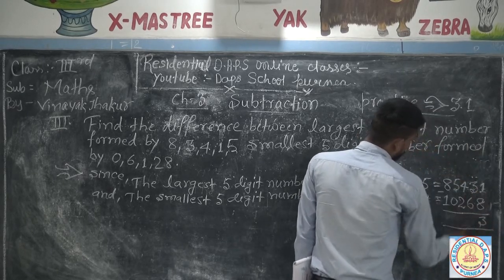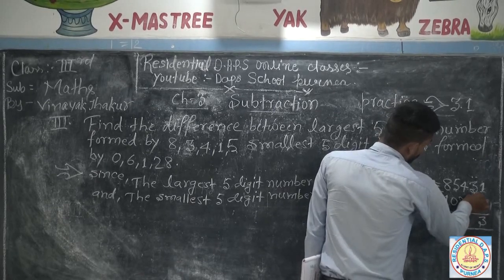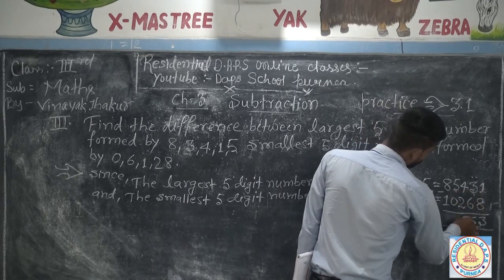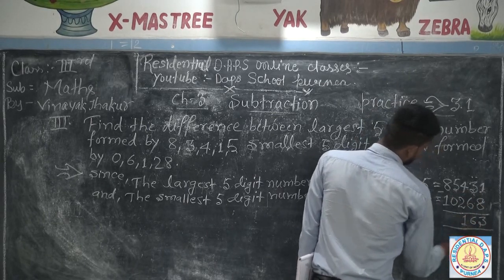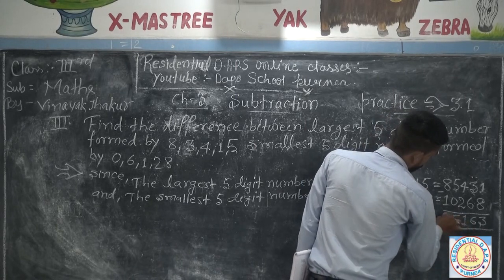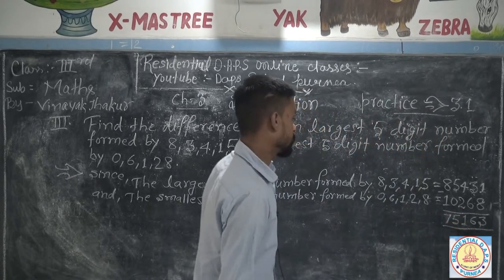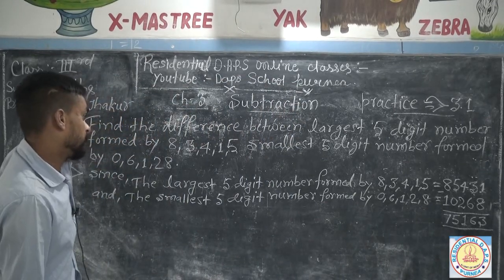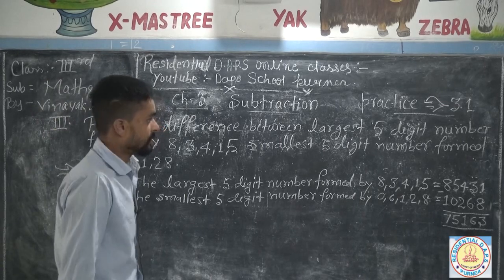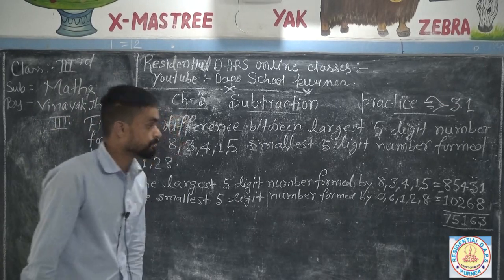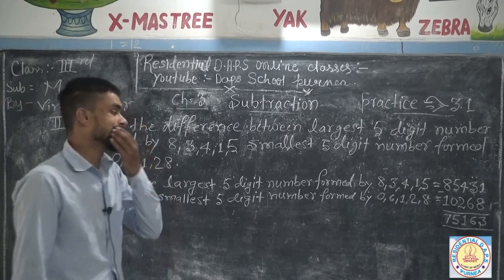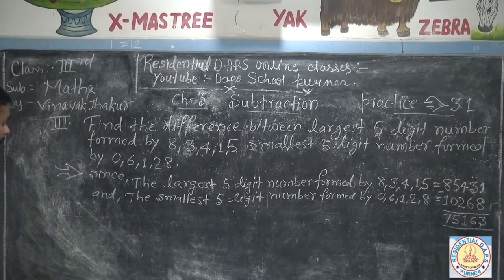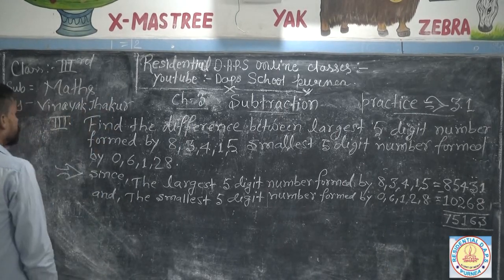Then here remains 2, so 12 minus 6, 6. Then 3, 2, 1, 5, 7. So this is the difference between the largest and the smallest 5-digit numbers formed. So your answer is 75,163. This is the answer of your question number 3.